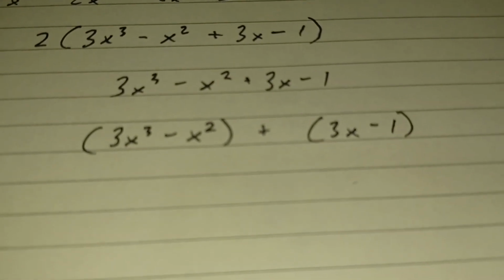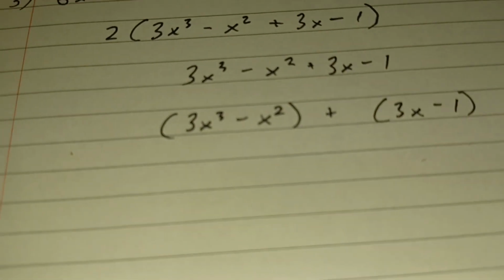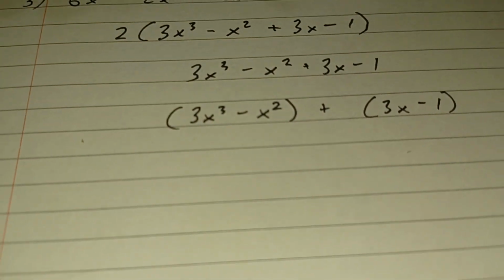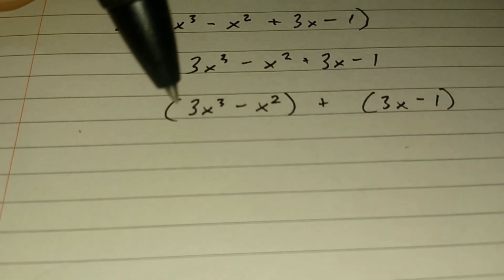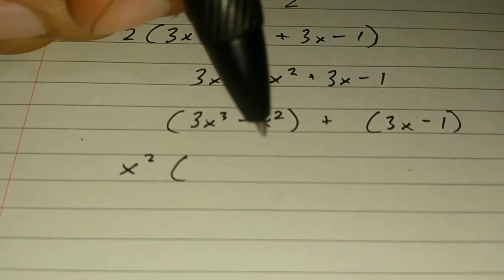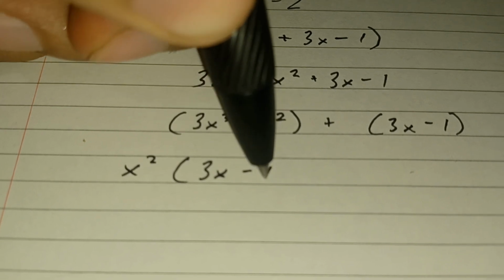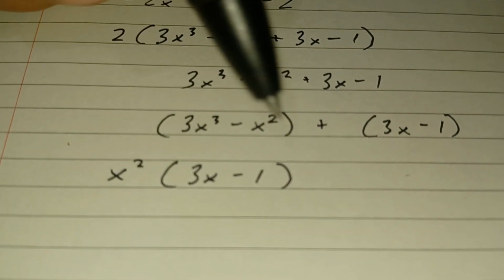So what can we factor out of this? We can factor out an x squared from here. So let's do it right here. x squared times 3x minus 1, right? Because this times this gives us this, and this times that gives us that.